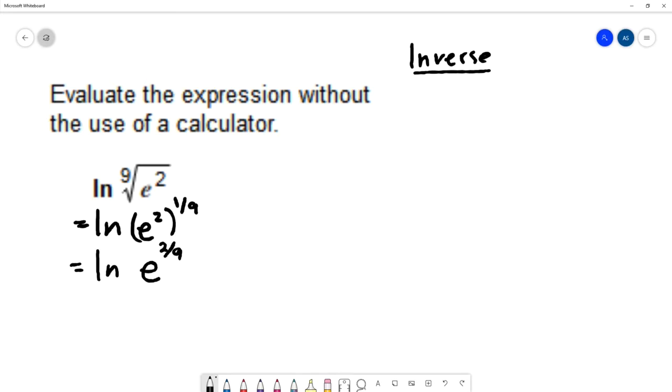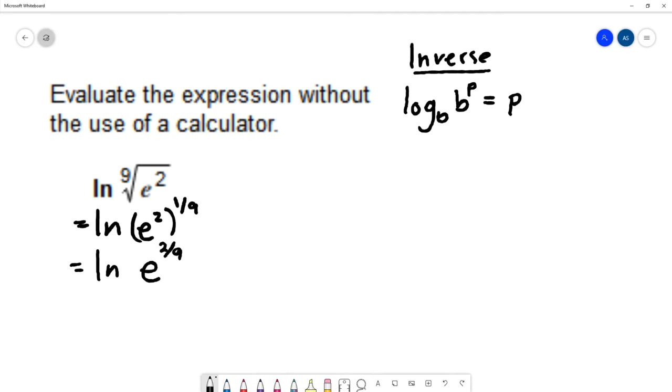So when we compose them, those operations cancel out. So if we have log base b of b to a power, the log base b and the b to the power are inverses of each other. Those cancel and you get the power.